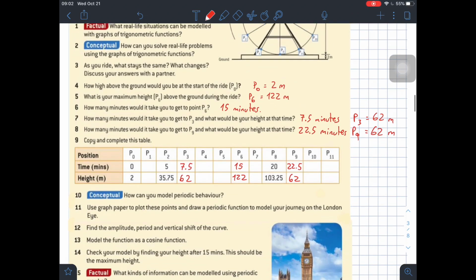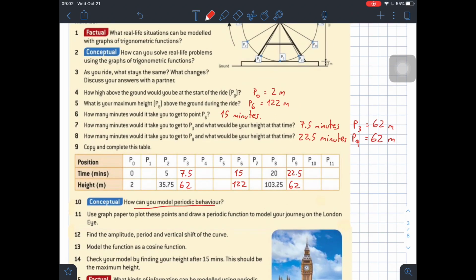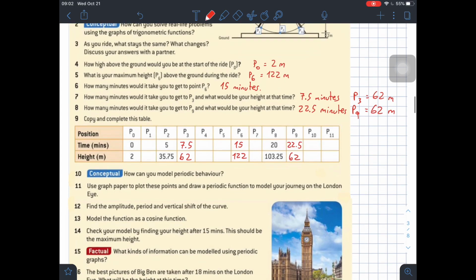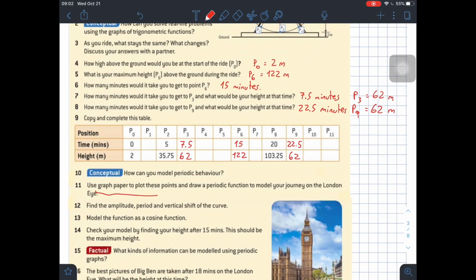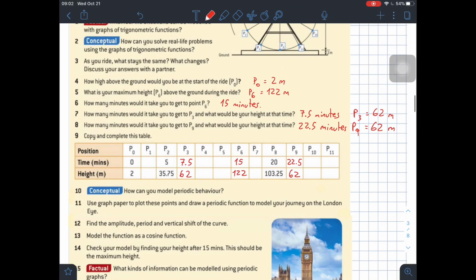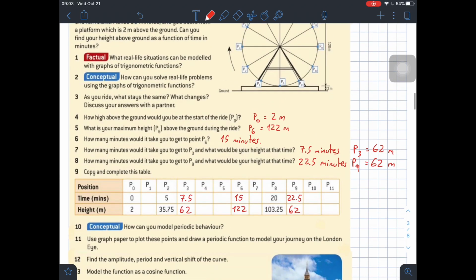So let's see, how can you model periodic behavior? Then it says, use graph paper to plot these points and draw a periodic function to model your journey on the London Eye. Okay, we're going to skip this part because the most important thing I want to do with you is the model. We're going to do the model, and with the model, we are going to find the rest of the values, okay?